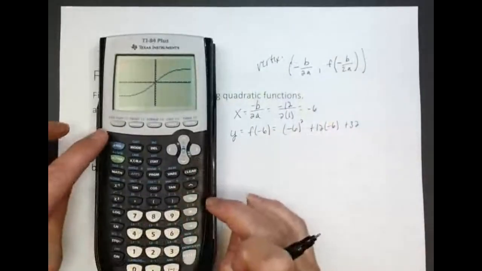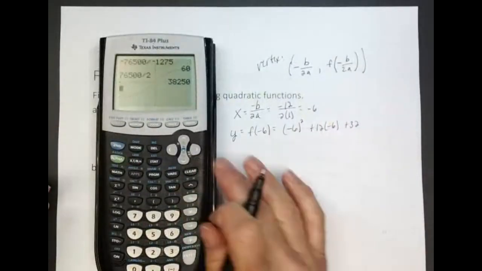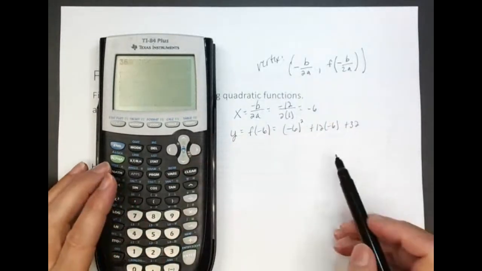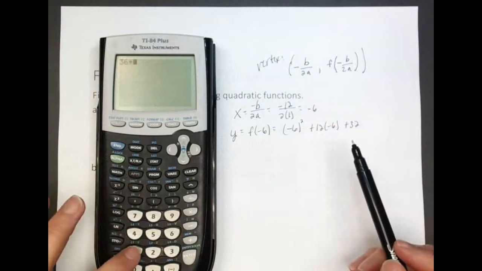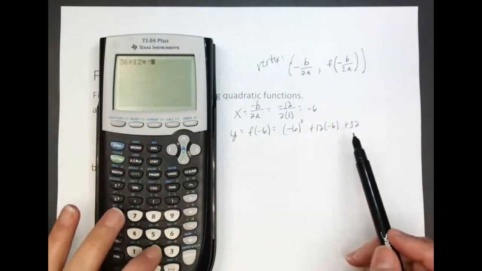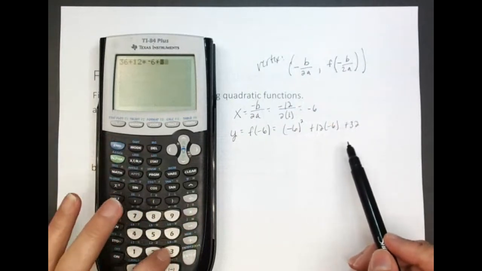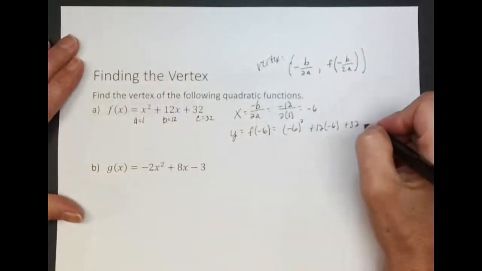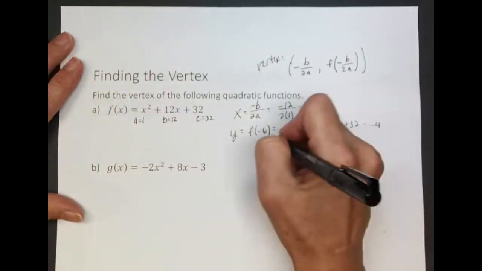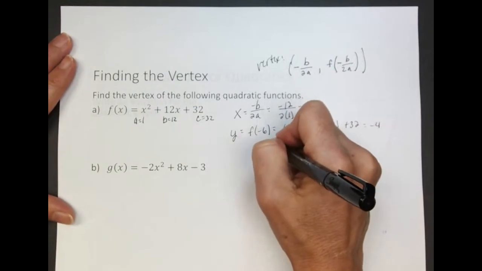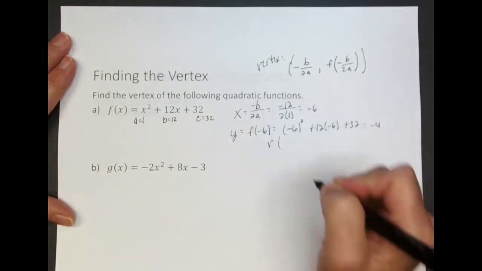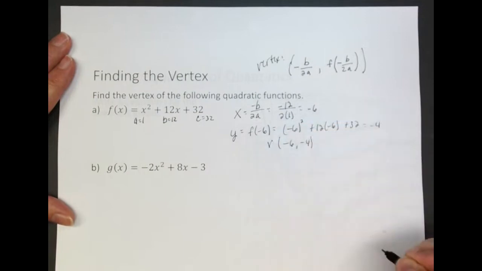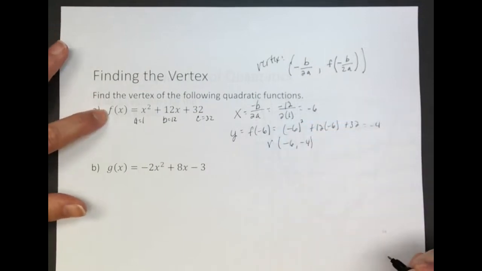Okay, negative 6 squared is 36, and then plus 12 times negative 6 plus 32. Looks like it's negative 4. The y coordinate is negative 4. So the vertex occurs at (negative 6, negative 4) for f of x.